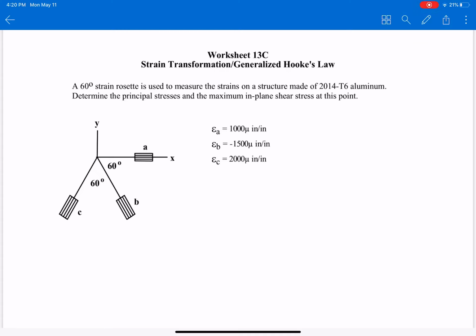So first, we need to use the three equations. Epsilon A is equal to epsilon x cosine squared theta A plus epsilon y sine squared theta A plus gamma xy cosine theta A sine theta A, etc. That is from the lesson in worksheet 13a, so that you will determine the 2D state of strain block for this point.